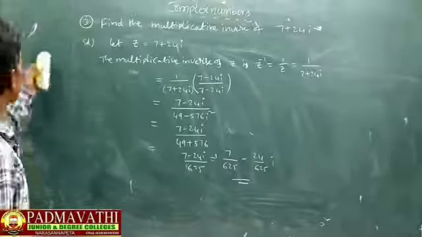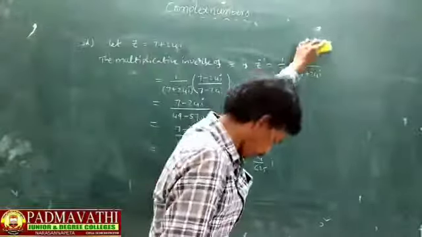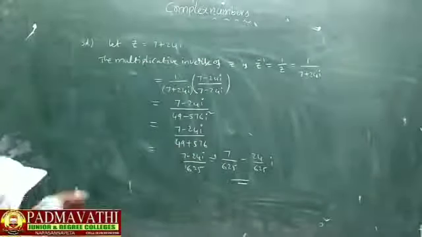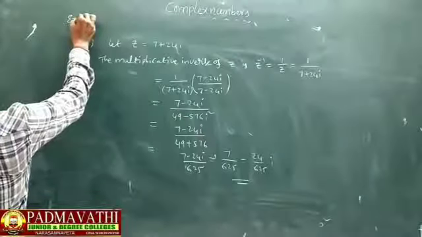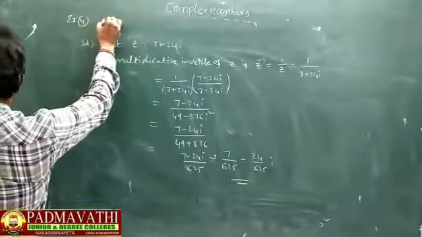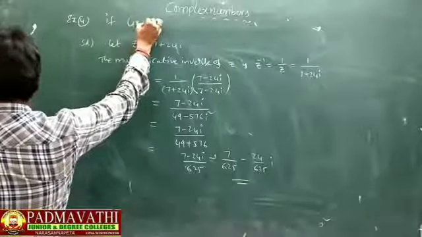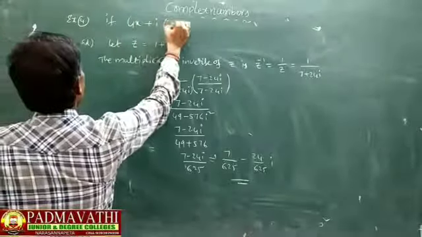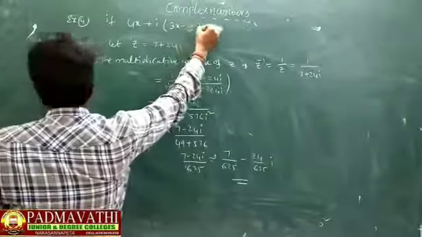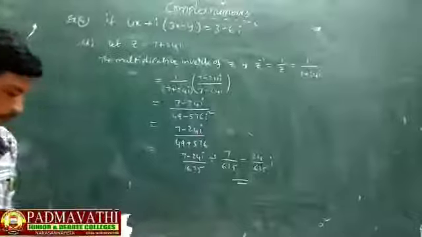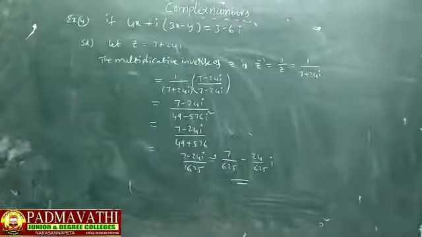Now next problem, example. If 4x plus i into 3x minus y equal to 3 minus 6i, find the values of x and y.